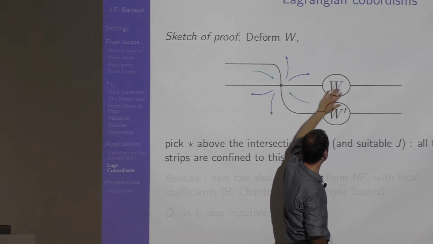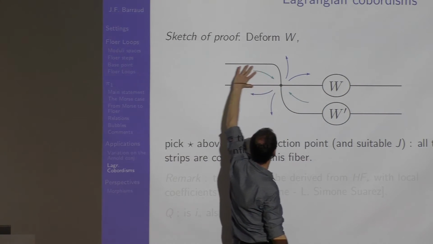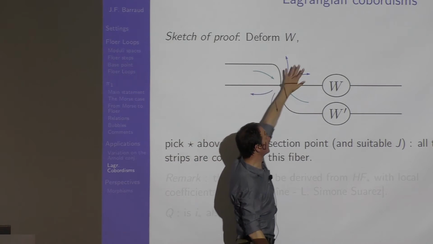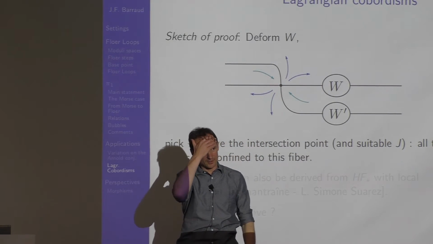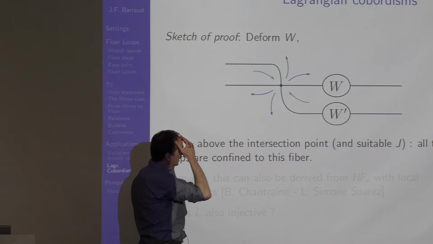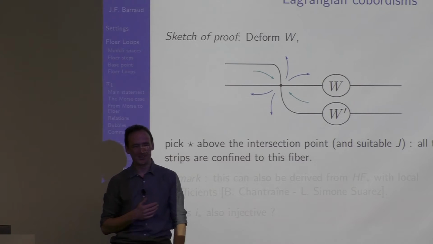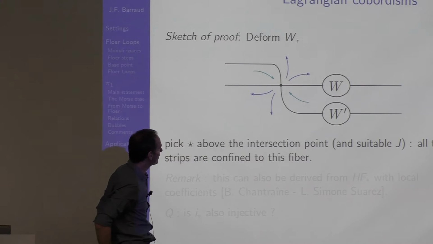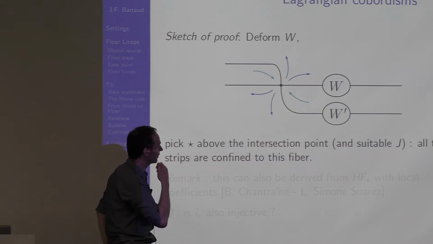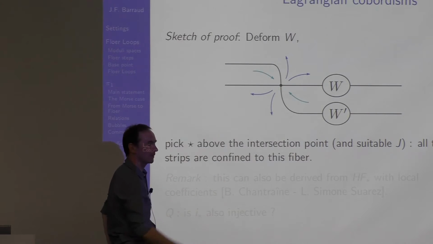So the boundary is somewhere in this region. It cannot be in this unbounded region. So this is an indication why the inclusion maps induce surjective maps at the level of the fundamental group.